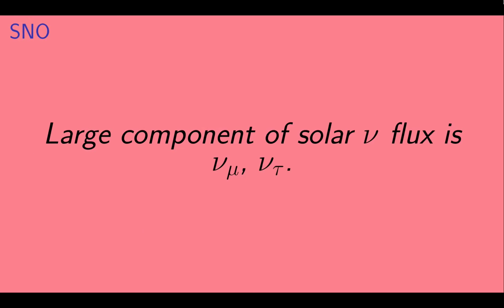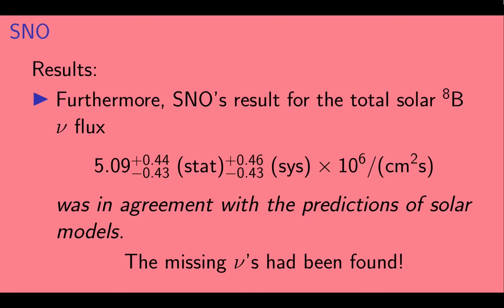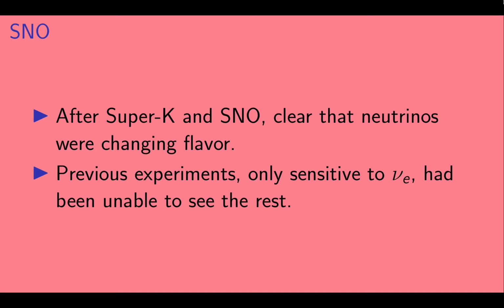So a large component of the solar neutrino flux appears to be muon and tau neutrinos. Furthermore, Snow's result for the total solar boron 8 neutrino flux was in agreement with the predictions of solar models. The missing neutrinos had been found. So, after Super-K and Snow, it was clear that neutrinos were changing flavor.